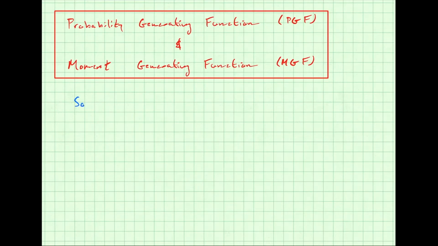So far, a random variable x was described by the following things: the probability mass function if it was discrete, or the probability density function if it was continuous, which I think we always called f of x.